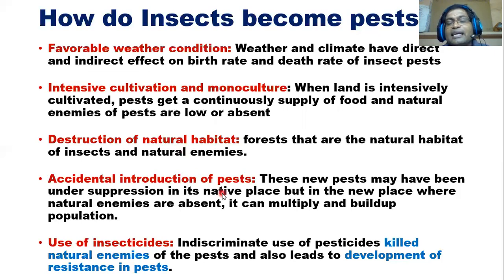The fourth case is the accidental introduction of the pest. We import some planting material, food for animals or humans. Then certain insects or weed seeds can come into the country accidentally.